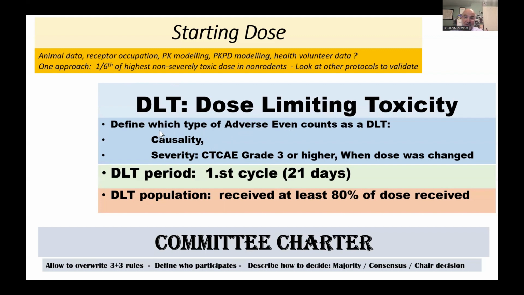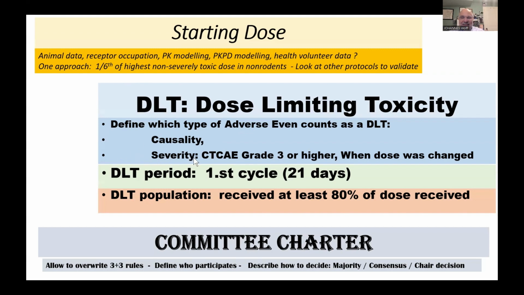So it is well advised to have a paragraph regarding causality, making sure only those severe adverse events that were caused by the drug are dose-limiting toxicity, not only severe adverse events, but adverse events.